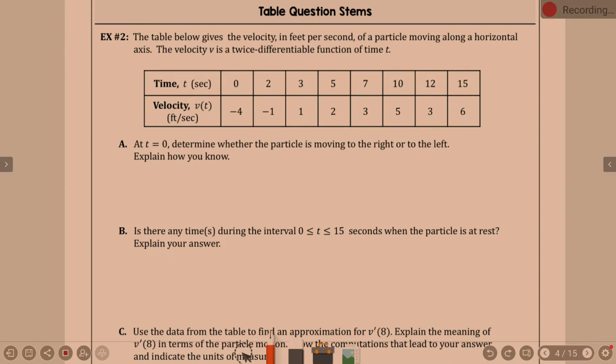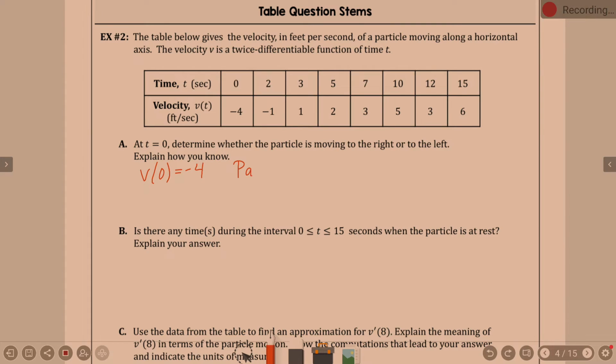What are your thoughts here? It's not a yes or no question. Give me a better answer. Left. Because why? -4. Okay. What is the velocity at 0? The velocity at 0 is -4. And a negative velocity will move the particle left, down, depending on what we're doing.